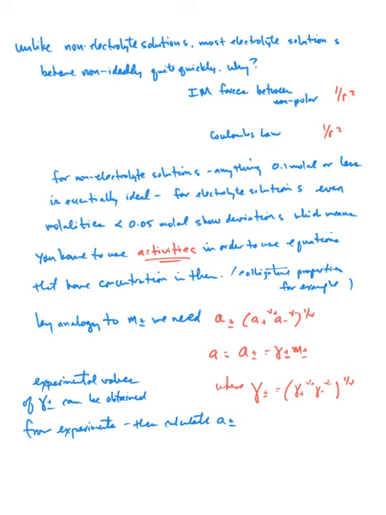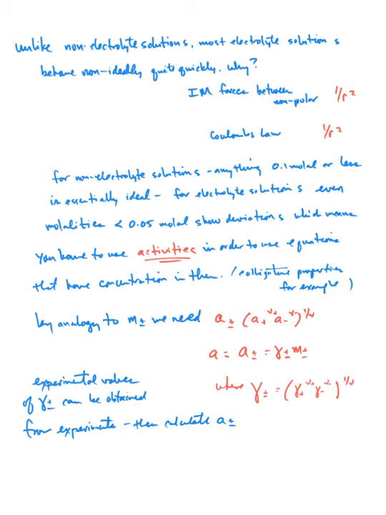So unlike non-electrolyte solutions that we did Raoult's law for, or Henry's law in chapter 6, most electrolyte solutions behave non-ideally quite quickly. The intermolecular forces are the reason why.